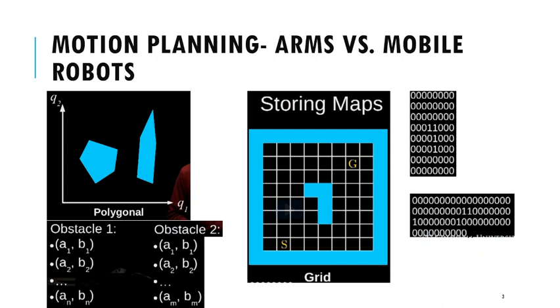Okay, so another way to represent a map is to discretize it and have essentially what is called a grid. Similar to the last way, you really only care where it is free. So the robot can travel through, and if it is occupied, then it will not go there. So it is really a binary problem, 0 or 1. And here we have one example.